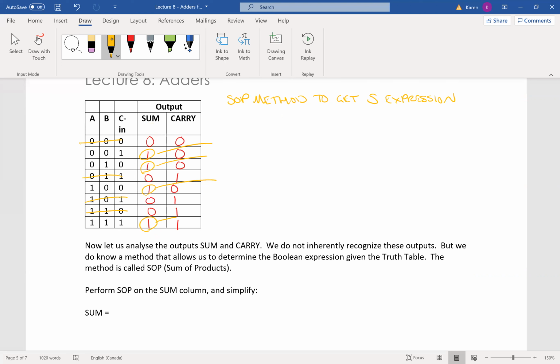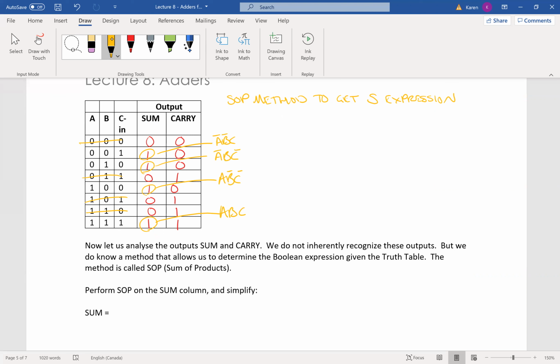We need to write down all of the products that make that up. And anything that is a 0 is inverted. So this is the sum of products method.